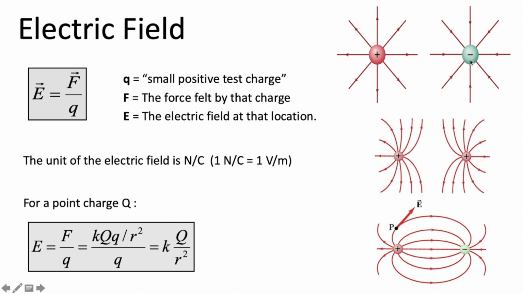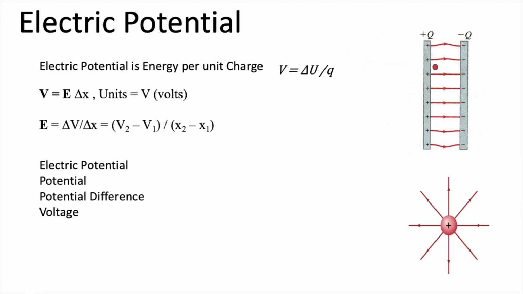And the last concept is the electric potential. So we did electric charge, electric force, electric field, and now the electric potential. Electric potential is potential energy per unit charge.